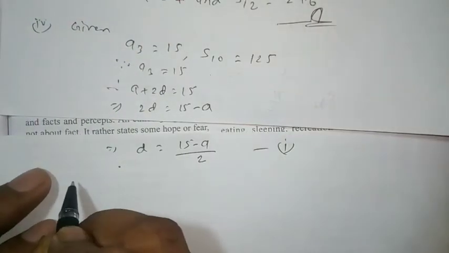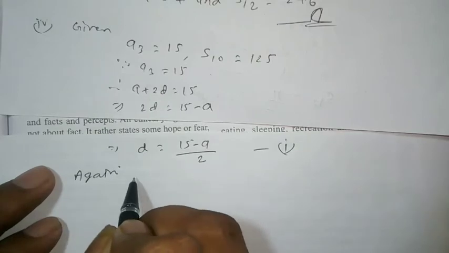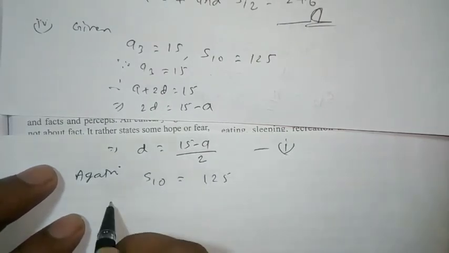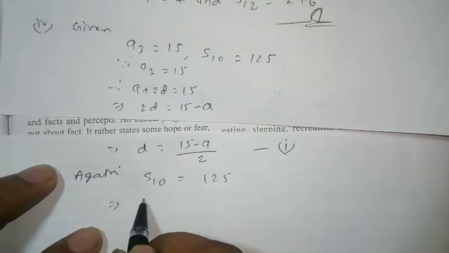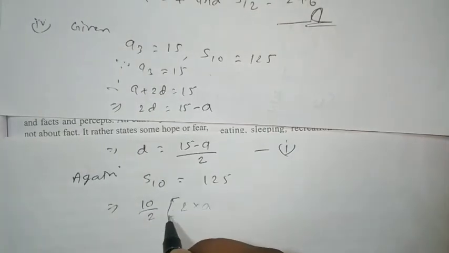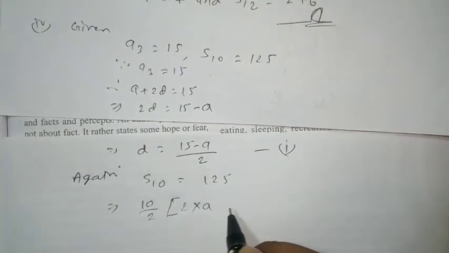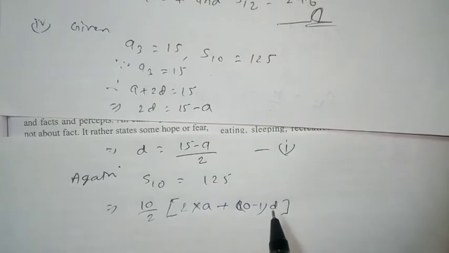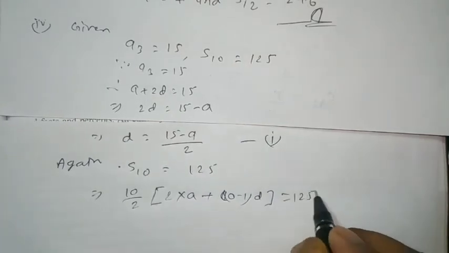Now again, S10 is equal to 125, implies 10 by 2 into [2a plus (10 minus 1) into d] is equal to 125.